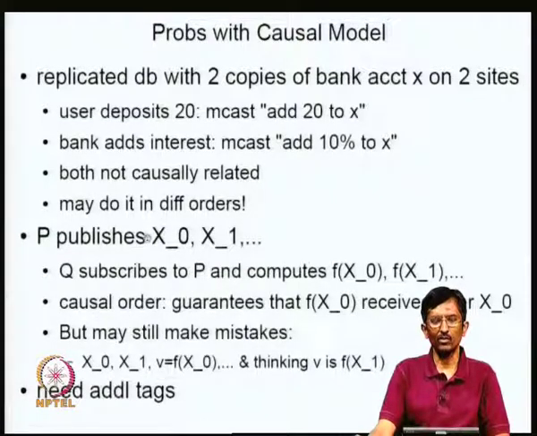Now, because Q is receiving, you can actually go with a causal model, because once x0 has been published, definitely Q will get it, and because there is a message between P and Q, this will be causally connected, and therefore, you can guarantee that f of x0 is basically received after x of 0.